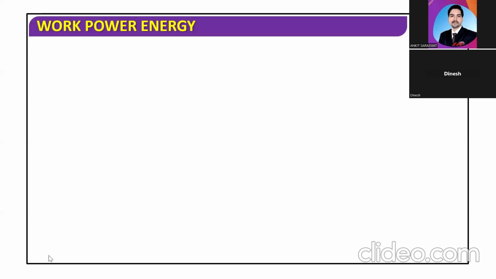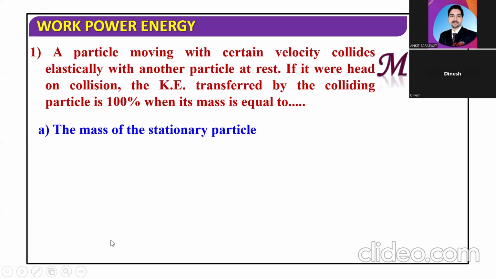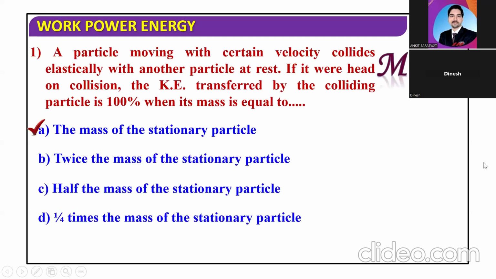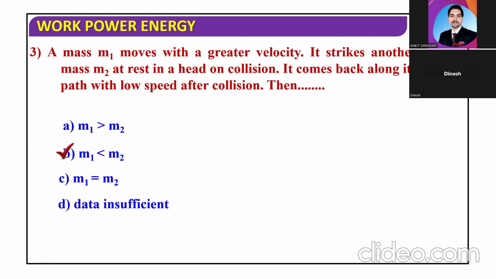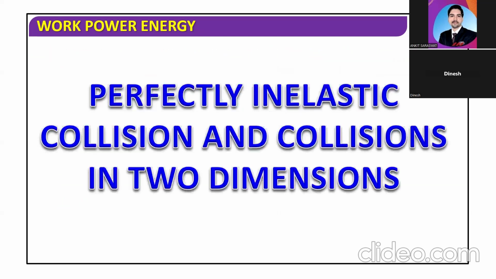Is the previous topic clear to you now? Yes, sir. So I think we have discussed this. Now perfectly inelastic collision in 2 dimension. 2 dimension means x and y. Clear?